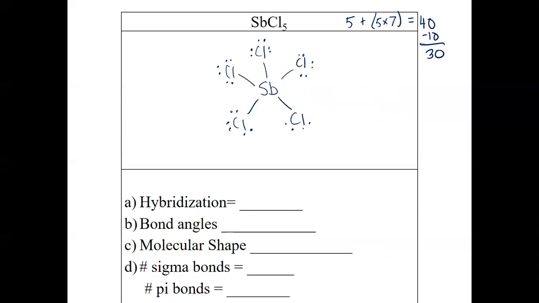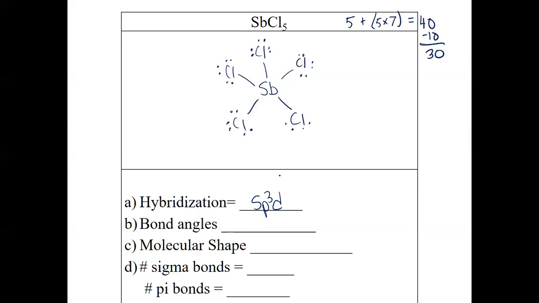So hybridization on your antimony atom. It has 5 electron domains, so this is one of those more advanced hybridizations. This is sp3d for the hybridization. The bond angles on this, let's come back to that.